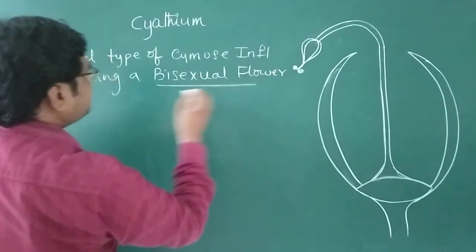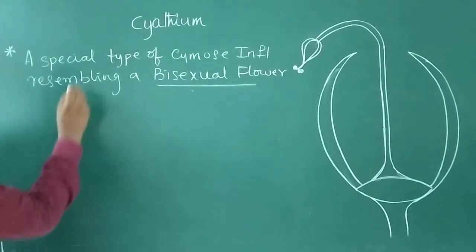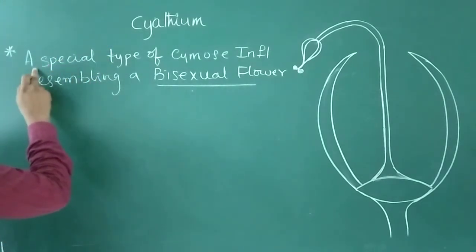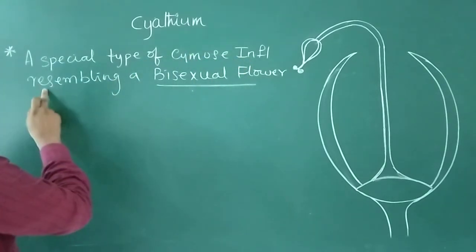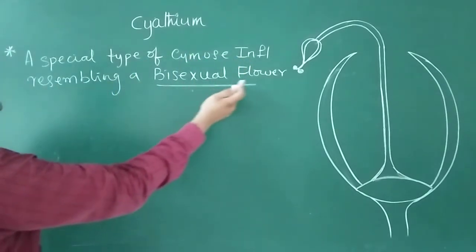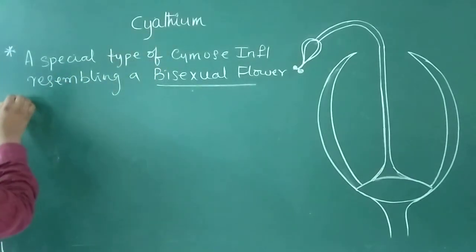So a cymose inflorescence resembling a bisexual flower is called cyathium. This is the definition of the cyathium.